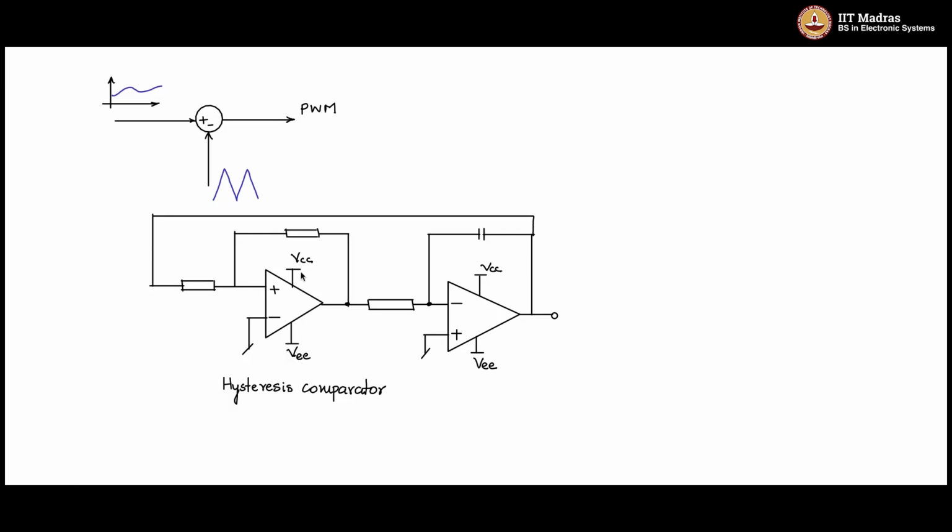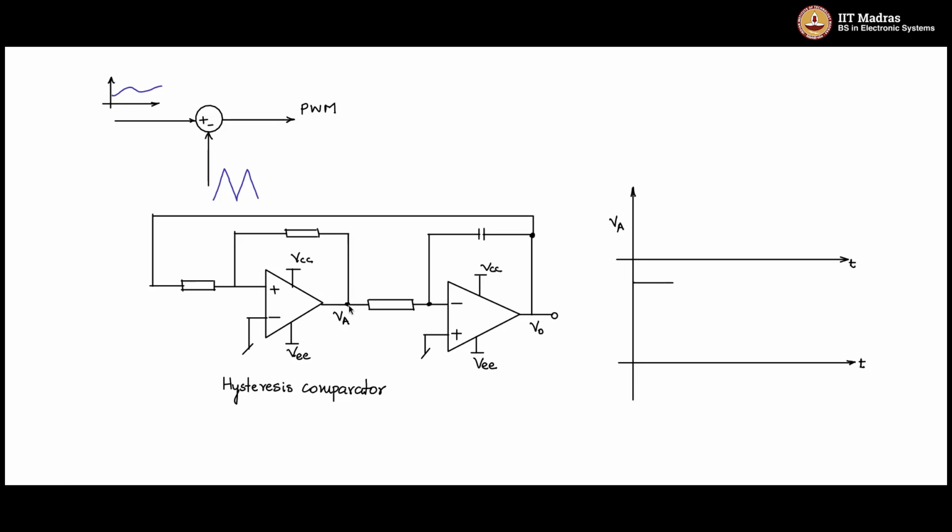How this operates is pretty simple. Let me just have two axes here. I will call this one VA and this one V0. So VA and V0. Now at some point in time, let me say that VA is negative.